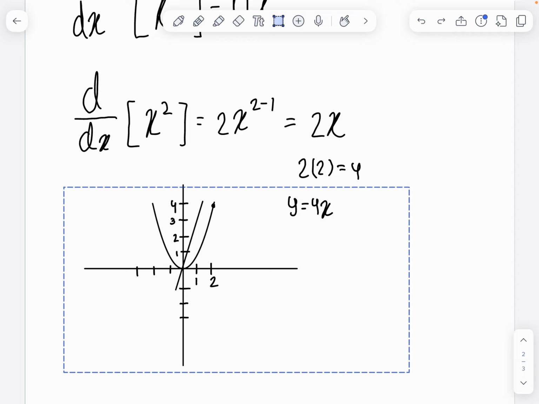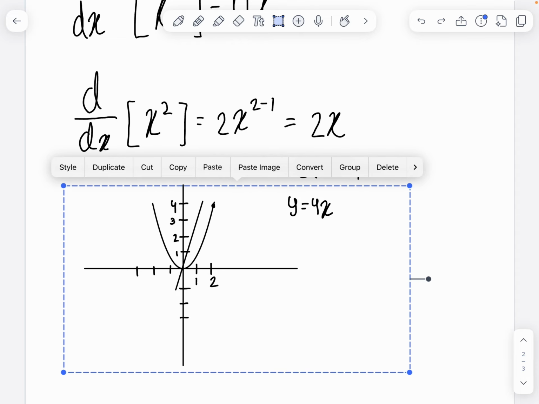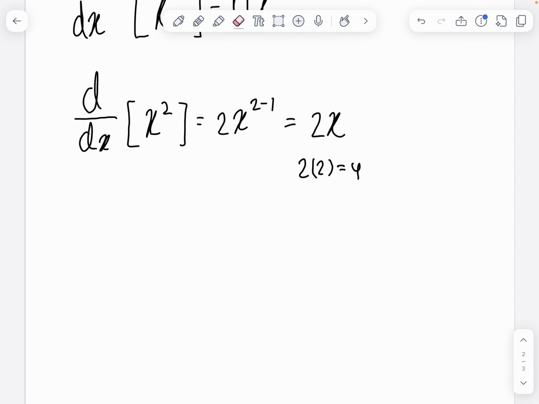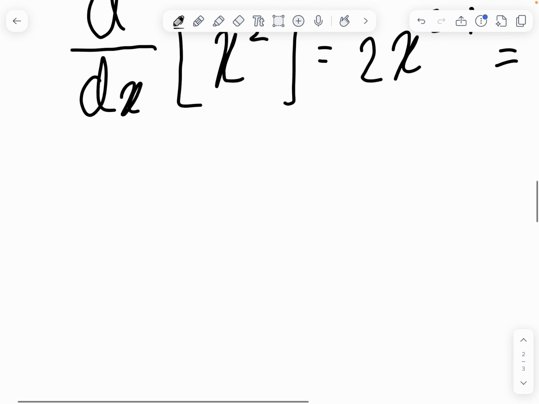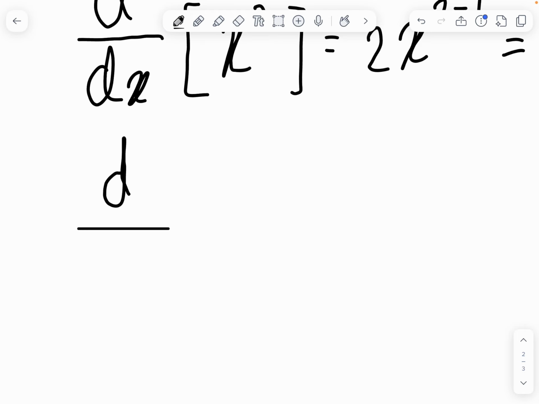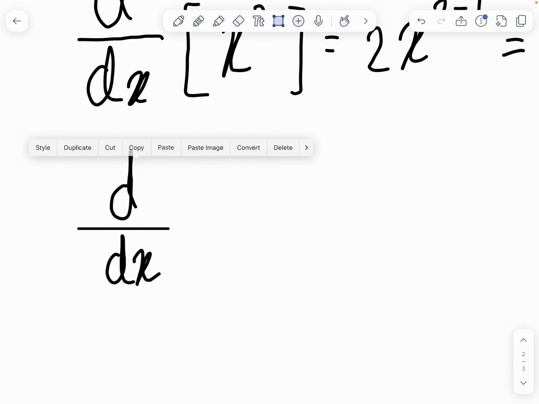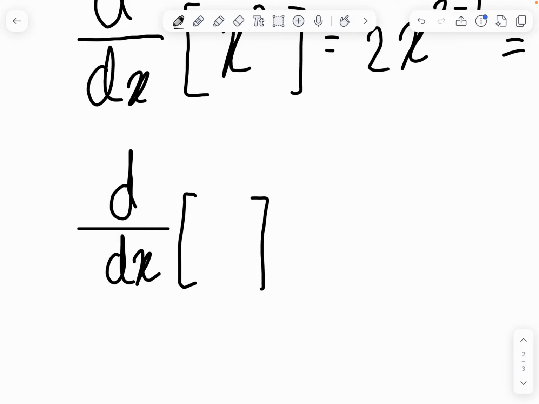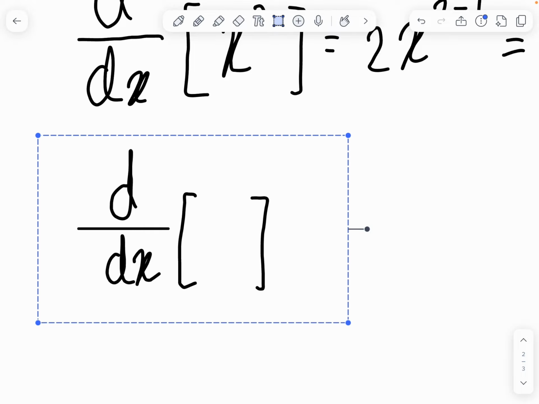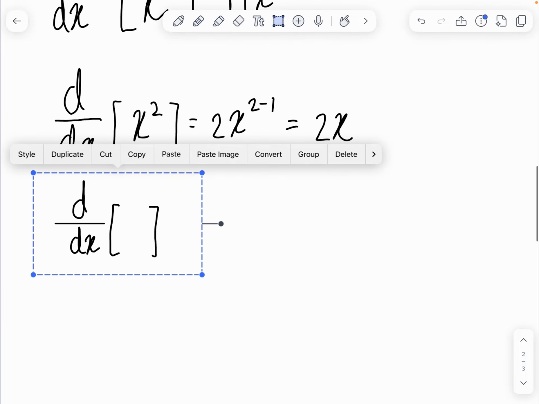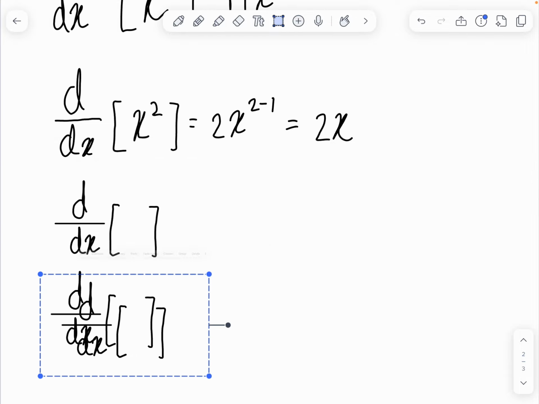Now that we have an example problem done, let me write down some questions so you can practice by yourself. What is the derivative of d over dx? I'm going to duplicate this a bunch of times.